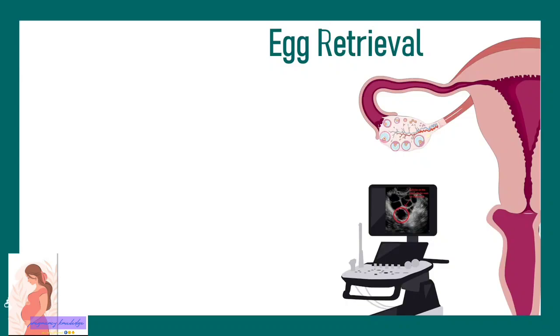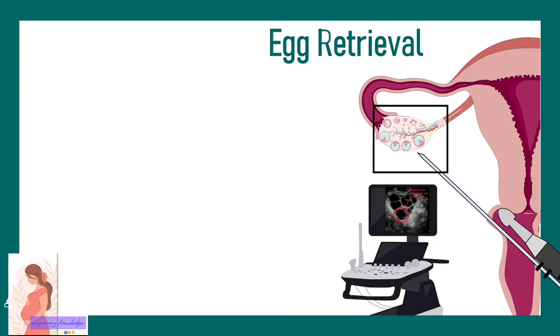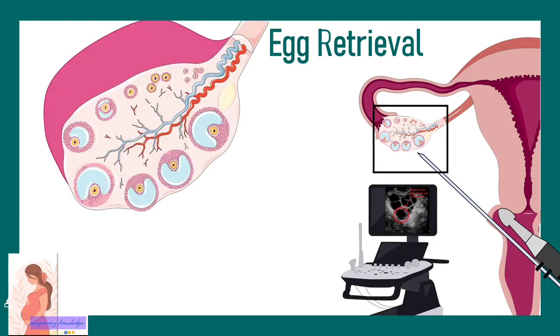Next, the egg is retrieved from the female reproductive tract. A USG-guided probe is inserted into the vagina, and one needle is passed through the vagina into the ovary. Looking at the USG monitor, a technician or medical personnel takes some eggs out of the ovary.